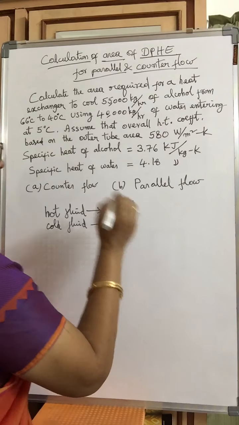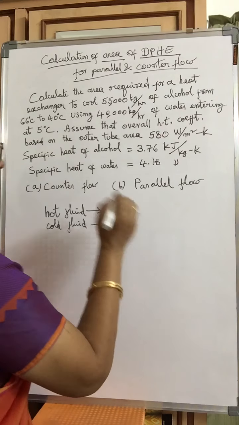So first we mention like that. Then what else is given? Mass flow rate of alcohol is given, equal to 55,000 kg per hour. Mass flow rate is m dot, and alcohol is the hot fluid, so m dot h.